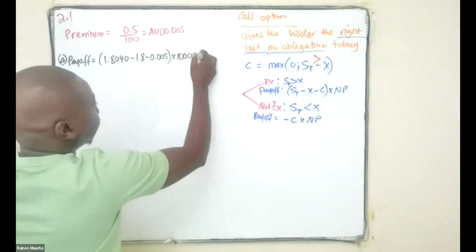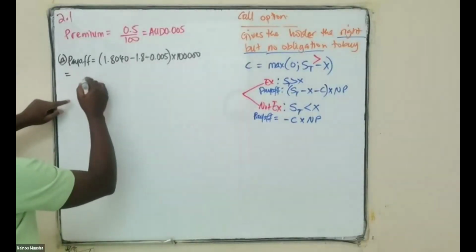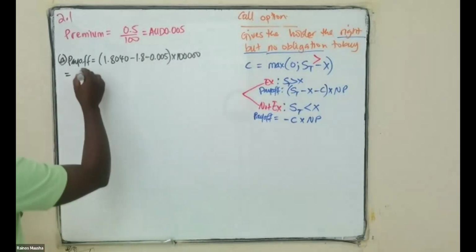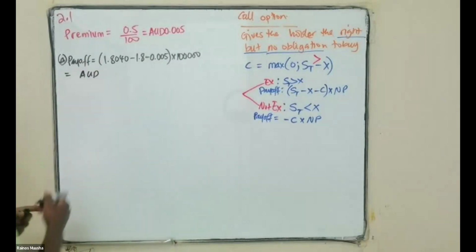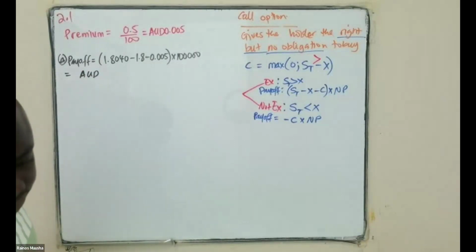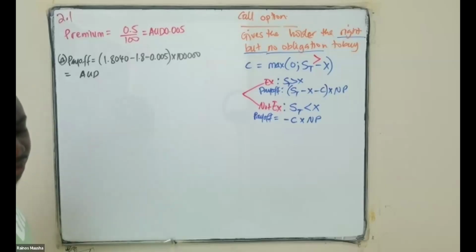So in this case, how much is going to be our payoff in Australian dollars? A negative 100.